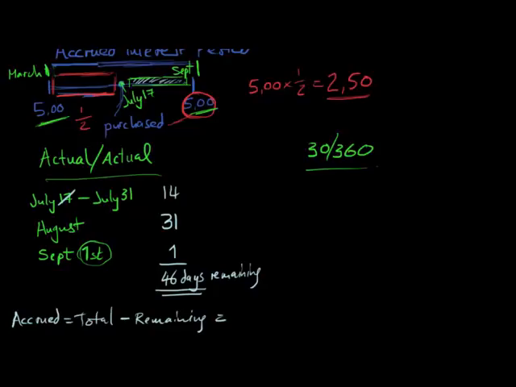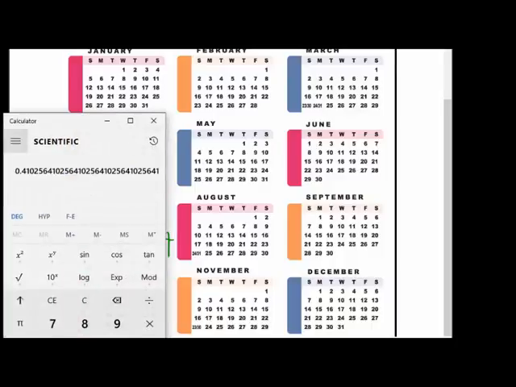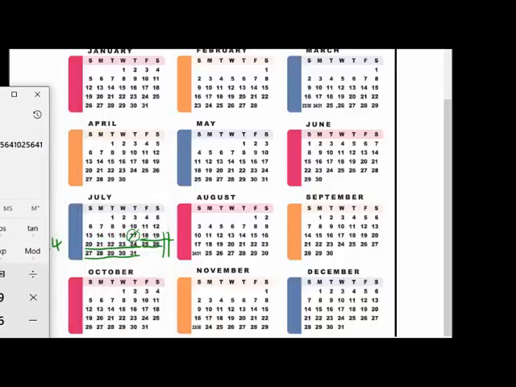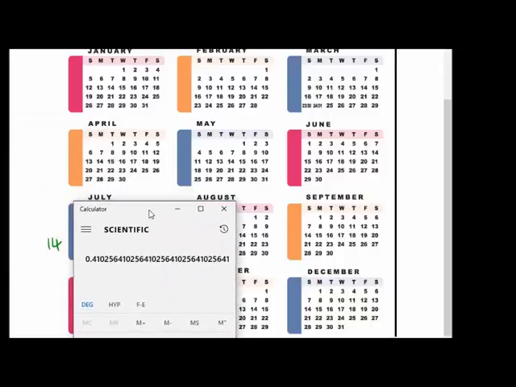And we have to count the actual number of days. So in March we've got 31, plus April we've got 30, plus May 31, plus June 30, plus July 31, plus August 31.